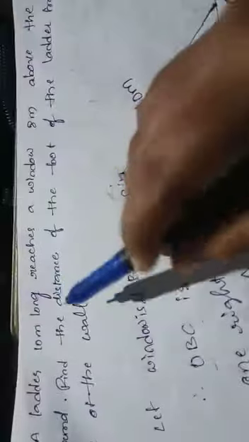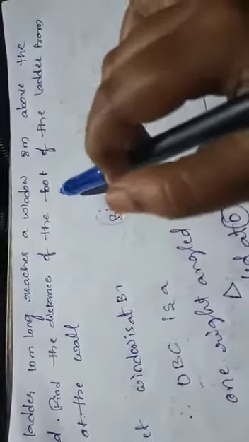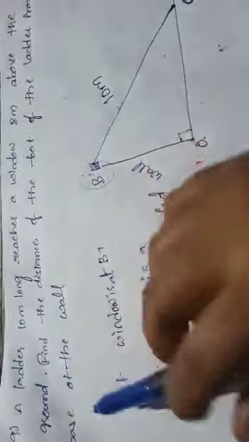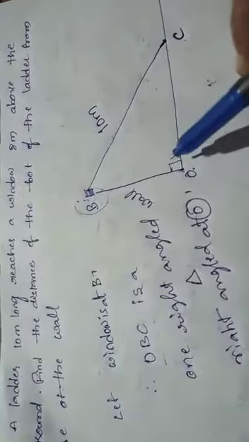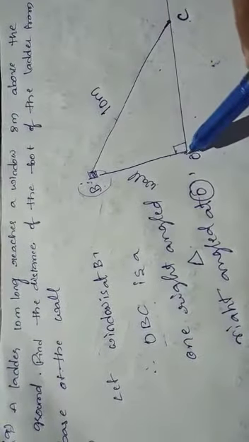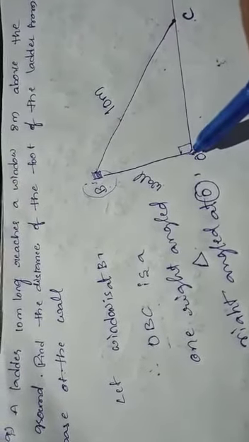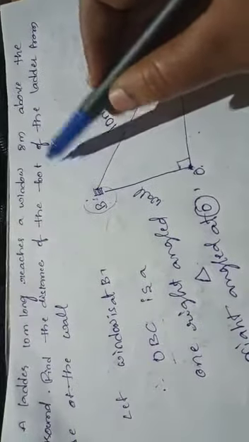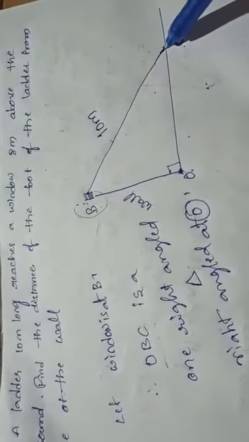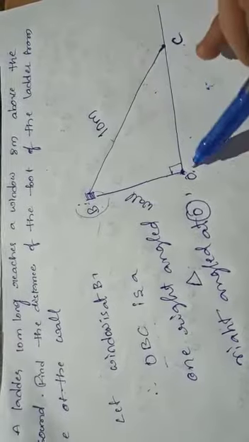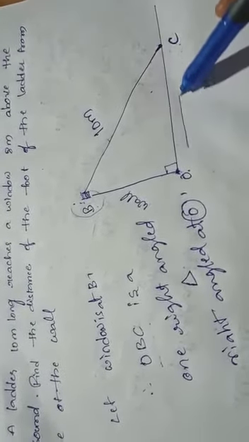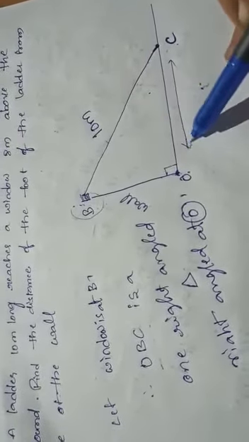Here we have to find the distance of the foot of the ladder from the base of the wall. Base of the wall is O and foot of the ladder is C. Here we have to find the distance between O and C.